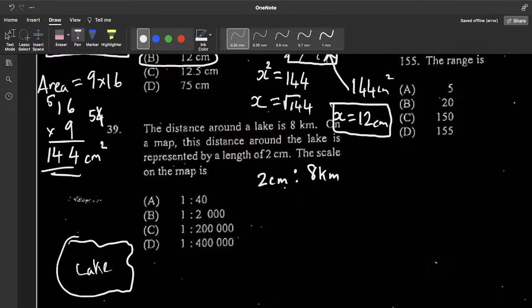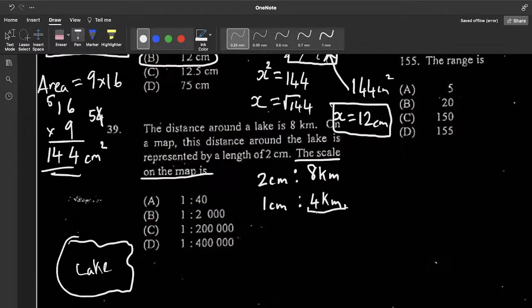Now 2 centimeters. If I was to divide both of these by 2, I'll be left with 1 centimeter is the same as 4 kilometers. Now basically when we're doing scales, both of them would be in the same unit, right? So this would be 1 centimeter and this here has to also go to centimeters.